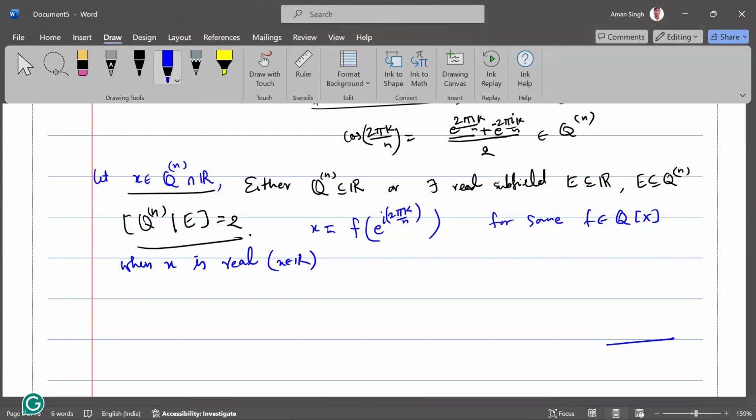That's all. This implies x can be written as f of (cos t + i sin t), where t is 2πk/n.